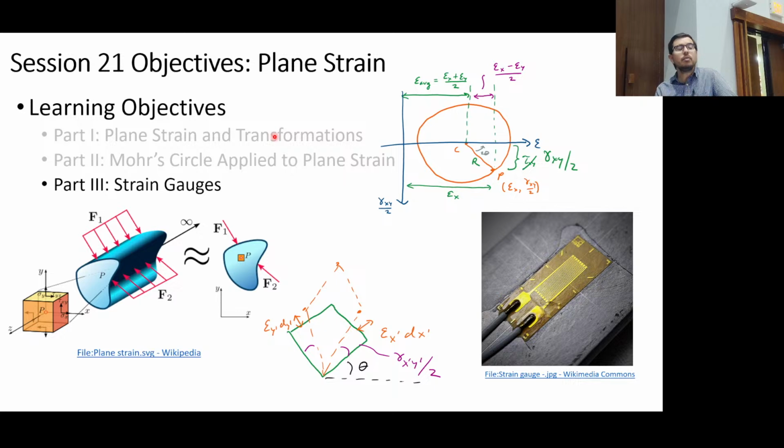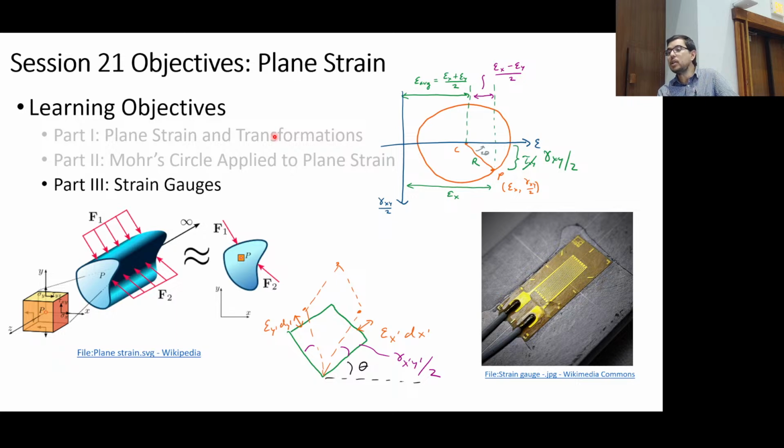So at the beginning of the class, I was trying to get everyone excited about strain gauges. So maybe I won't repeat as much about it. The basic idea, though, is that we put these strain gauges on structures to be able to measure their strain and see how they're reacting to whatever the loads might be.